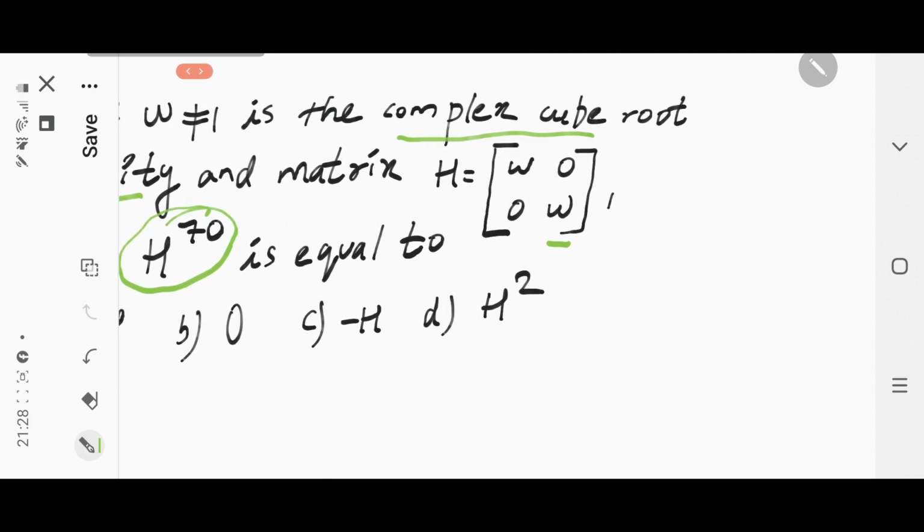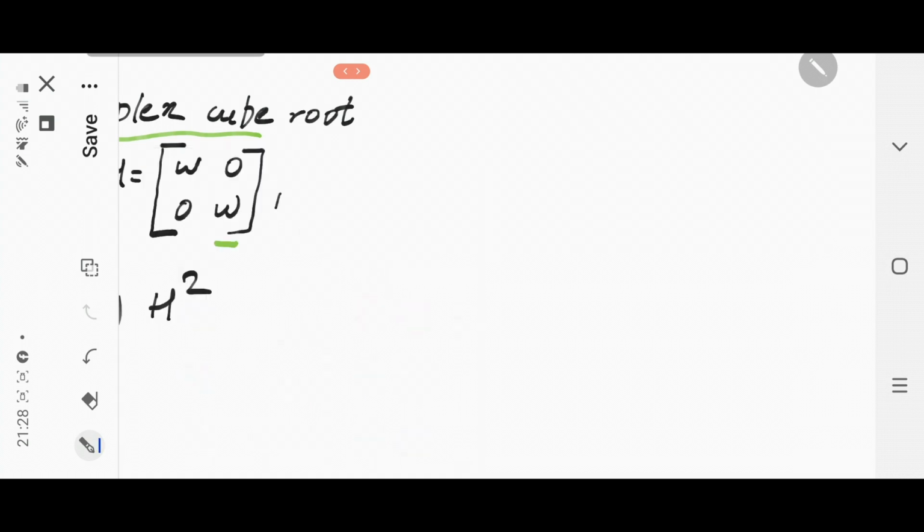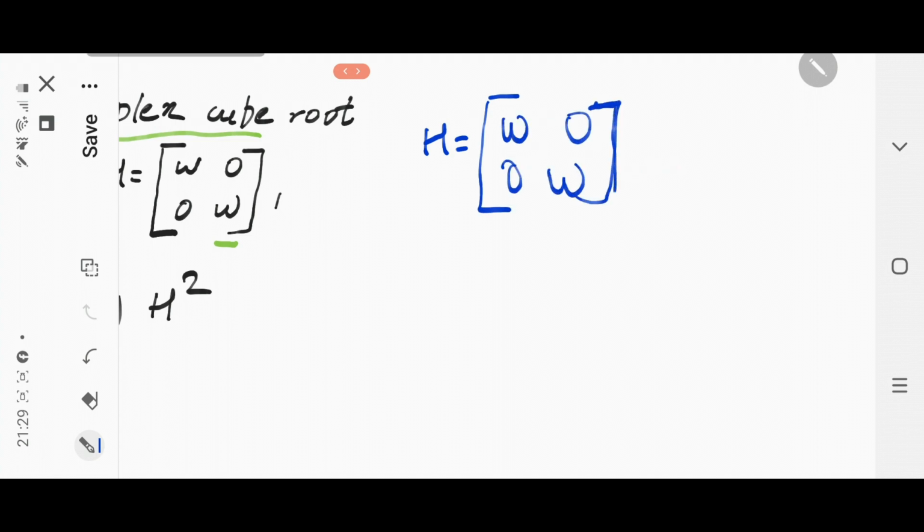See, H is given as omega 0 0 omega. And you have to find H raised to 70.